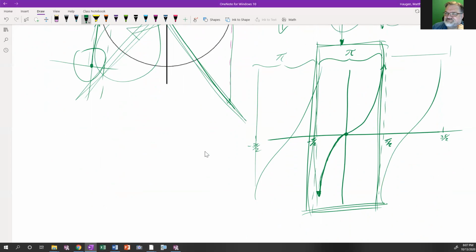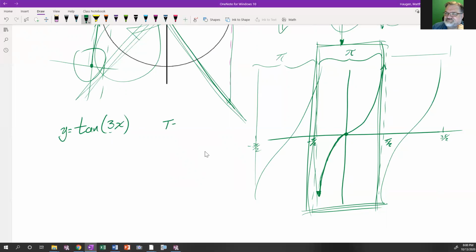So if we're trying to graph tangent, say, for example, the tangent of 3x, we know that that 3 is supposed to reduce our period. If this was sine or cosine, we'd take our period, 2 pi, and divide by 3. But this is tangent.